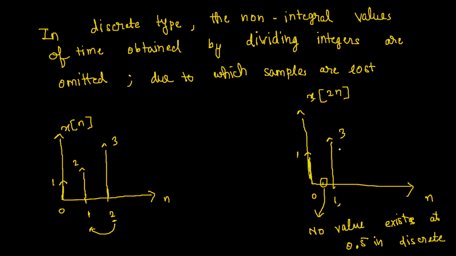So at 1 we have the value 3, and whatever was at 1 should go to 0.5. So ideally at 0.5 we should have a signal which is 2. But like I said at the start, discrete time signals are only defined at integral values. So at 0.5, you simply do not have any signal. Because of this, there are a few samples which get lost.